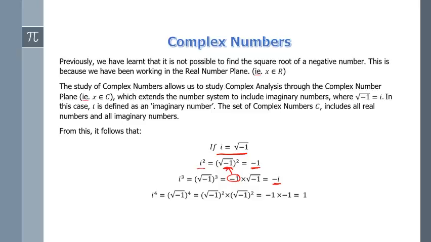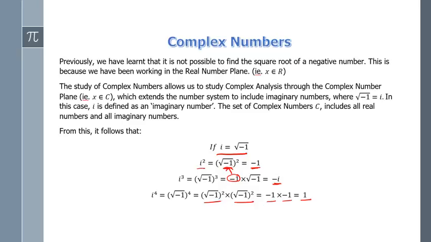And i to the power of 4 is -1 to the power of 4. That's the same as -1 square rooted and squared times -1 square rooted and squared, which is -1 times -1, which is 1.